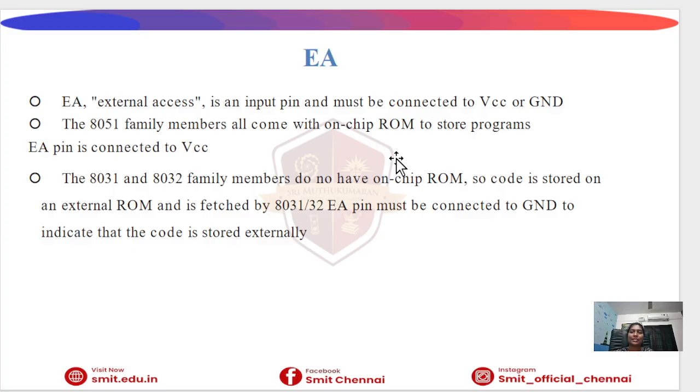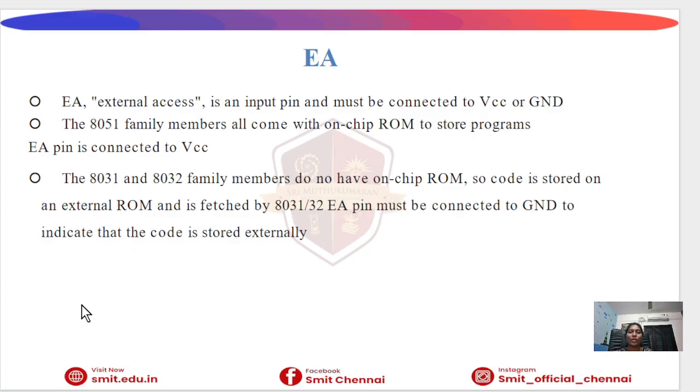Then there is EA, the external access pin. EA stands for external access. This pin tells the microcontroller where the program memory is located. If EA is connected to VCC, then the program is taken from the internal ROM. If EA is connected to the ground, the program is taken from the external ROM.